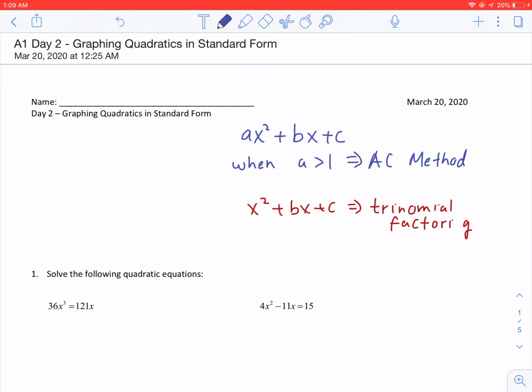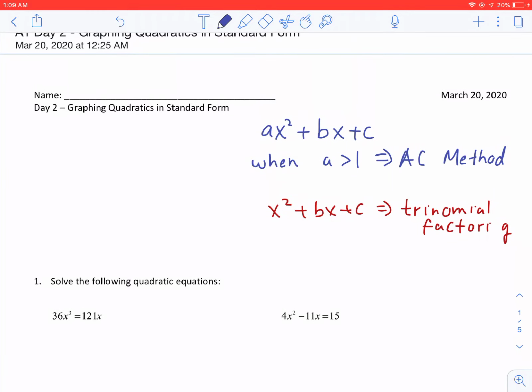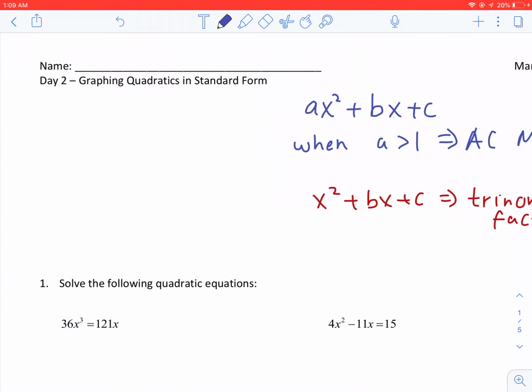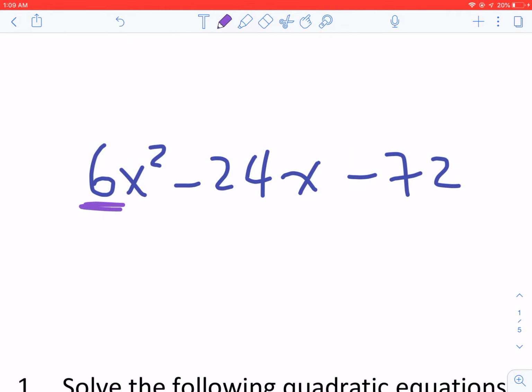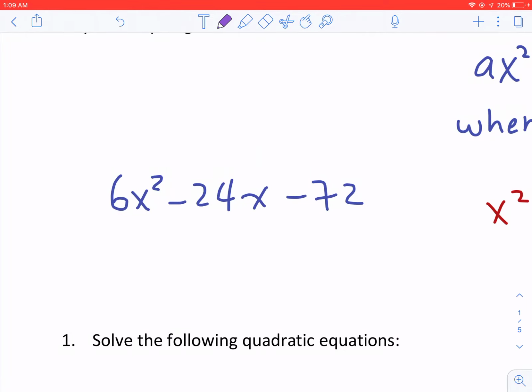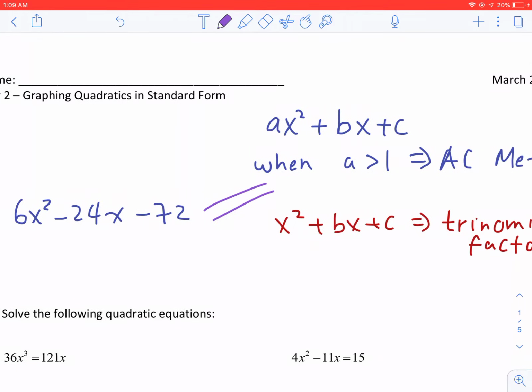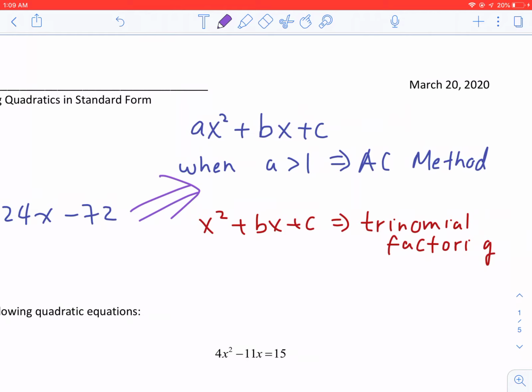Alright, so on assignment number 1, letter 2b, a lot of people messed that one up because it looked like 6x squared minus 24x minus 72. So people were looking right away and saying, oh man, that a value is a 6, that means I have to do AC method.